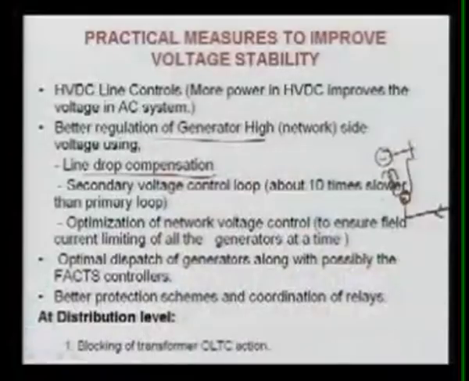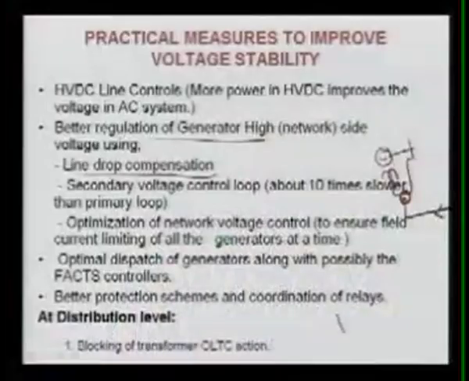If your current is hitting that maximum value, we cannot operate at more field current, because it may damage the field winding, as heat will not be dissipated. So it is called the field current limit. So what we can do is have a complete coordination of all the generators. It is not that we keep on increasing the excitation of one generator and the other generators we are not changing.